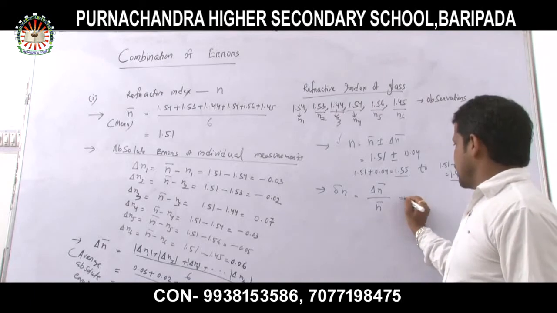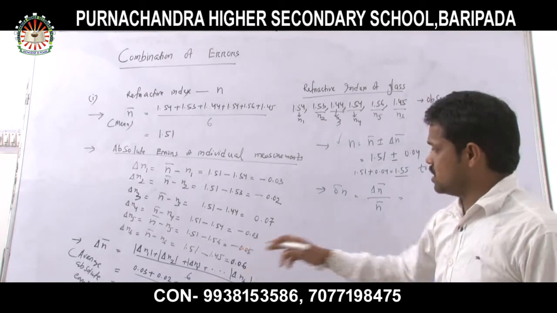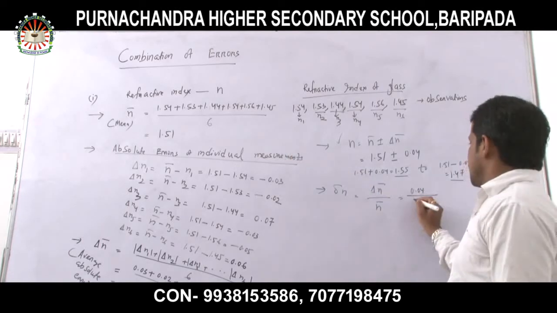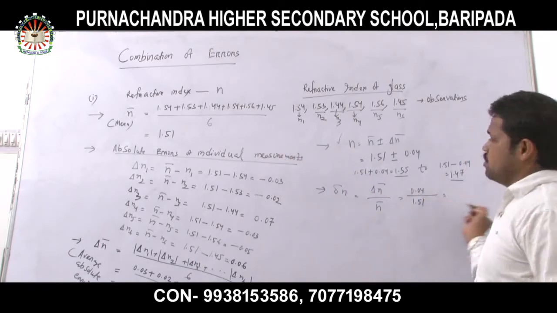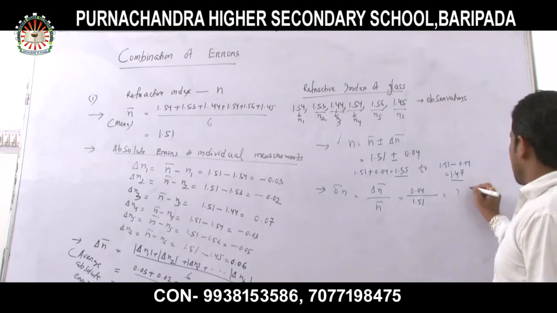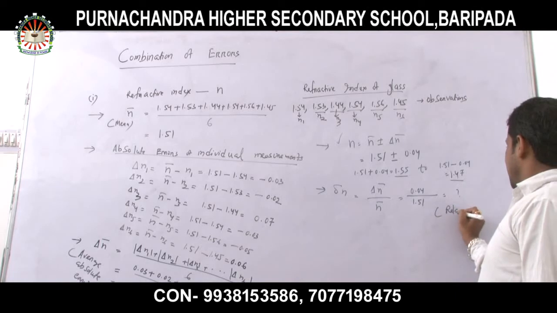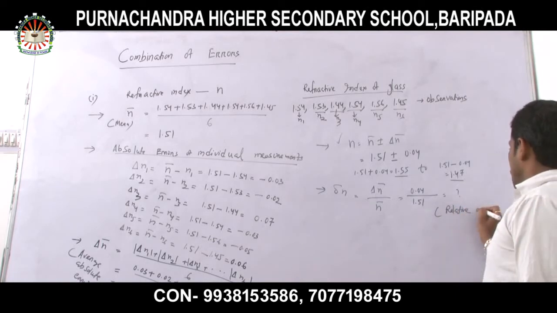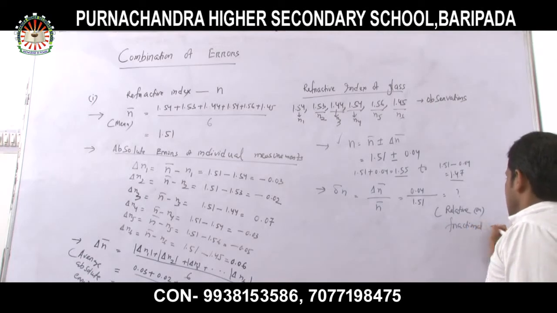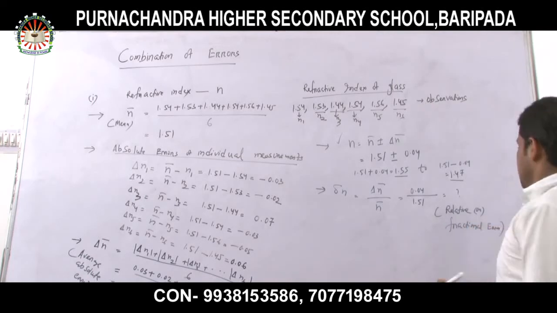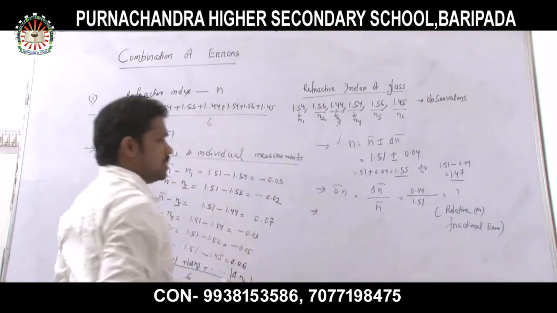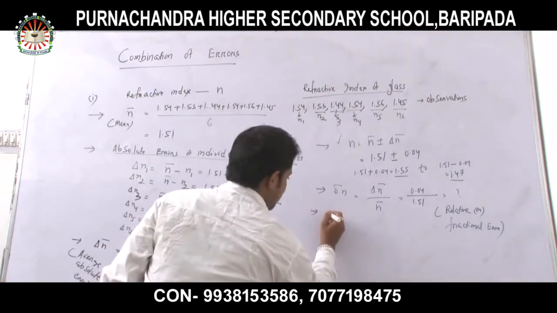So that is 0.04 divided by 1.51. Just solve it, and you will get the relative or fractional error. Clear?